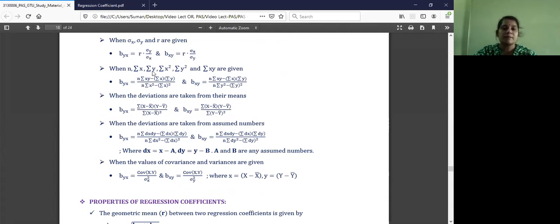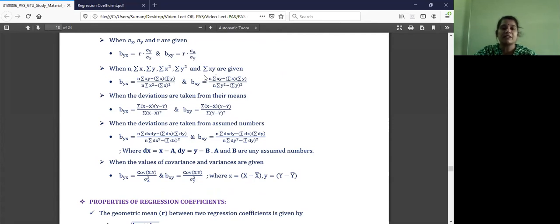When we are given all these values, that means number of terms, sum of column of x, sum of column of y, sum of column of x square, sum of column of y square, and sum of x into y, the column of x into y are given.